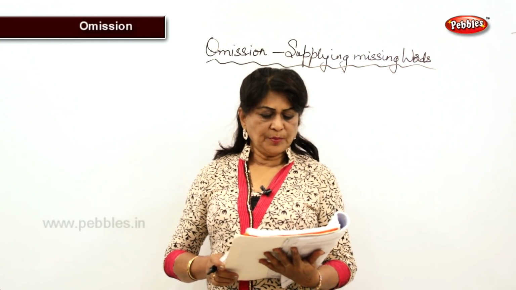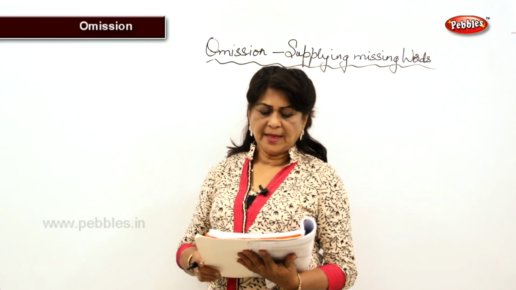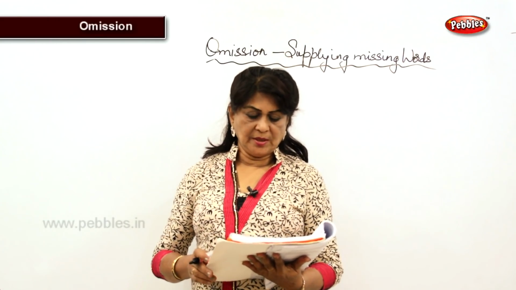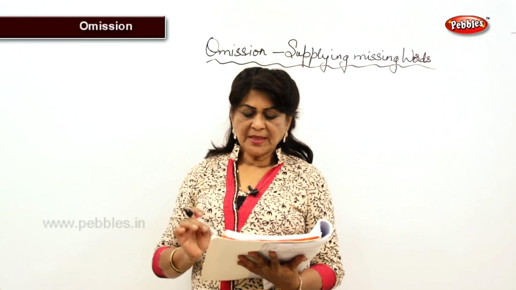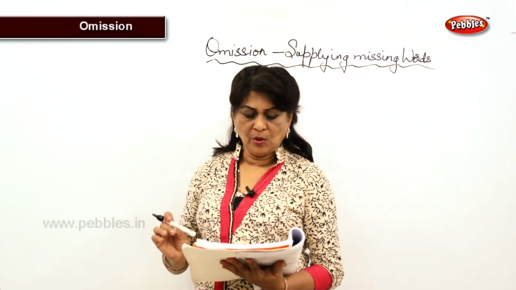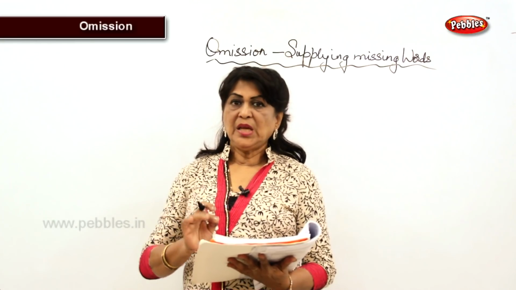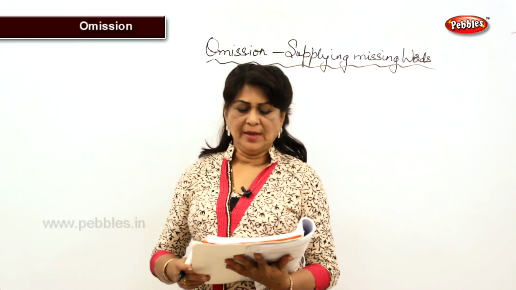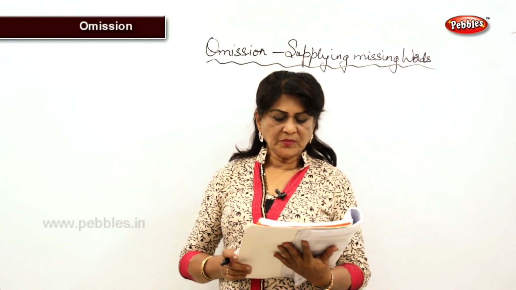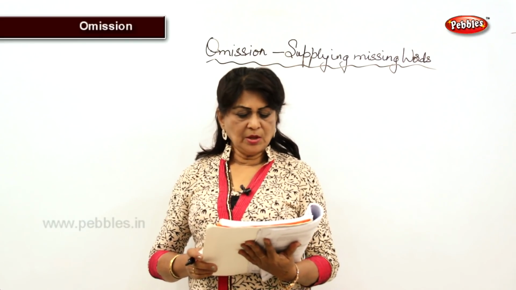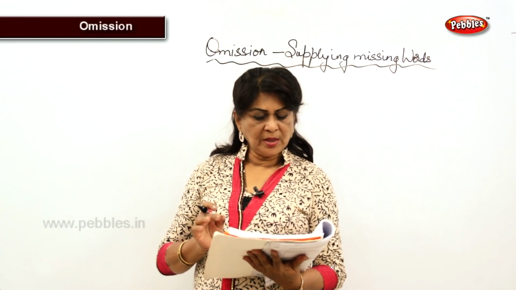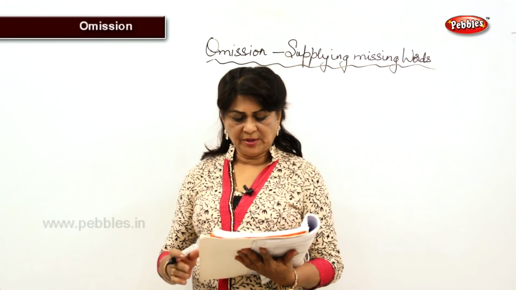In order to point out its exact location in the line, the missing word is written along with the word that comes before it and the word that comes after it.